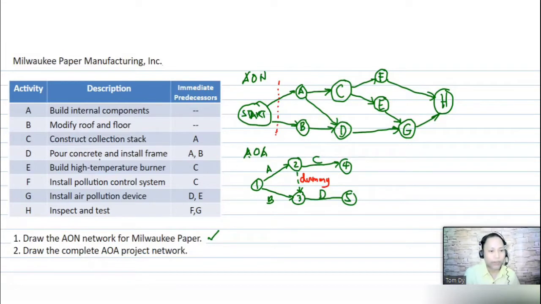Now next for C, D, E. E is after C, so after C we have E. We will just pattern this one.